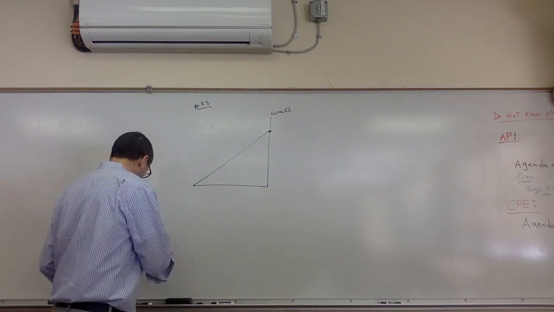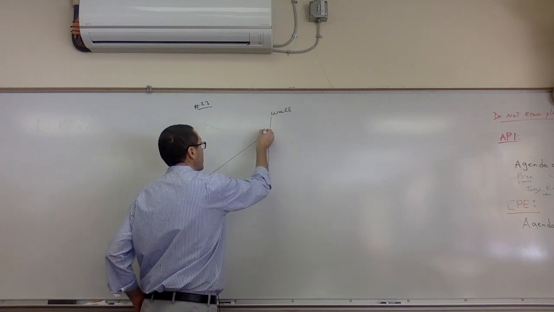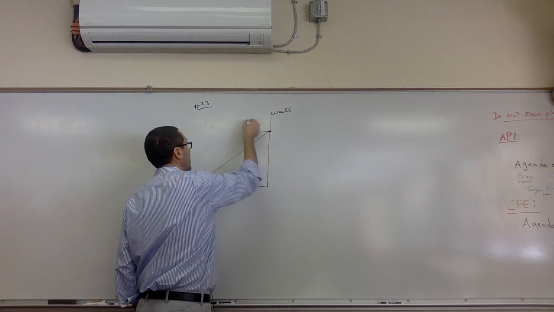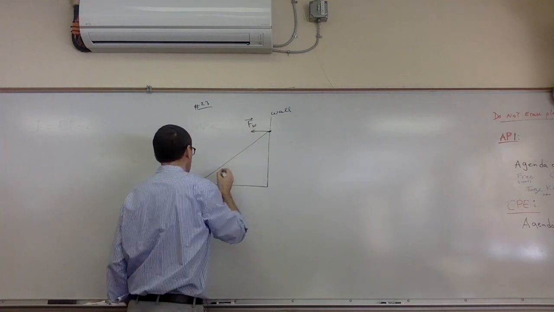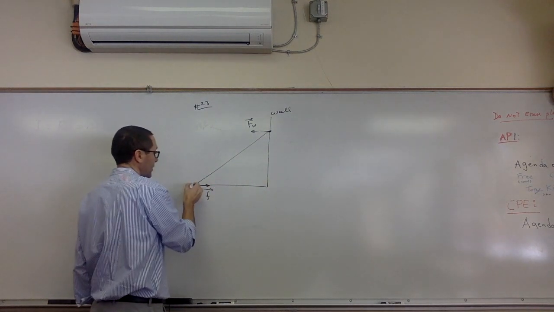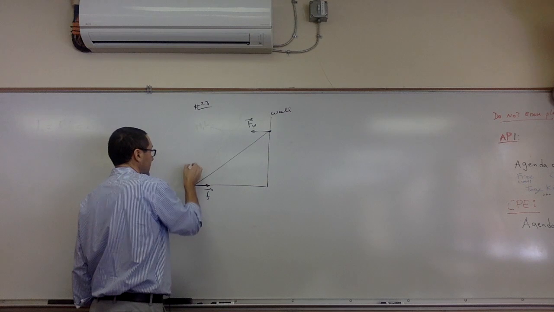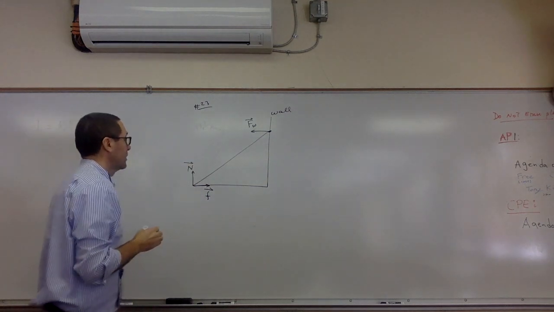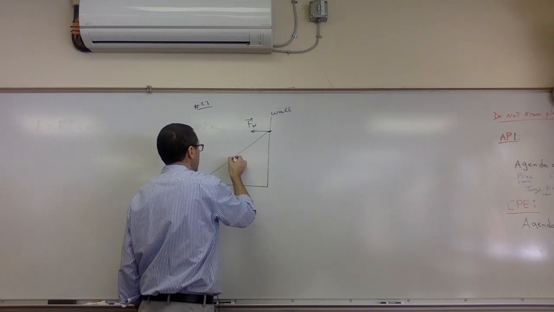Okay, so the forces here, you have a normal force from the wall. I guess I can call it Fw. You have a force of friction from down here, and you have a normal force that I call N. And you have the mg right smack in the middle.